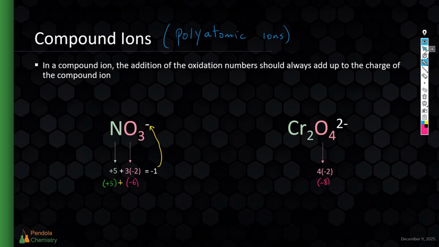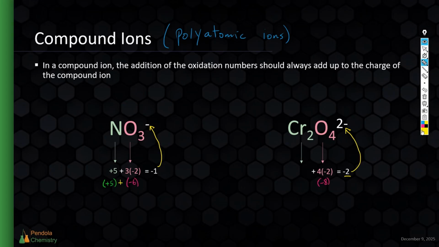Well, that oxidation number has to add up with the chromium oxidation numbers so that it gives us a total of -2. Again, this is because the total of the oxidation numbers added up has to be equal to the charge of the ion. Now, here we have 2 chromiums.